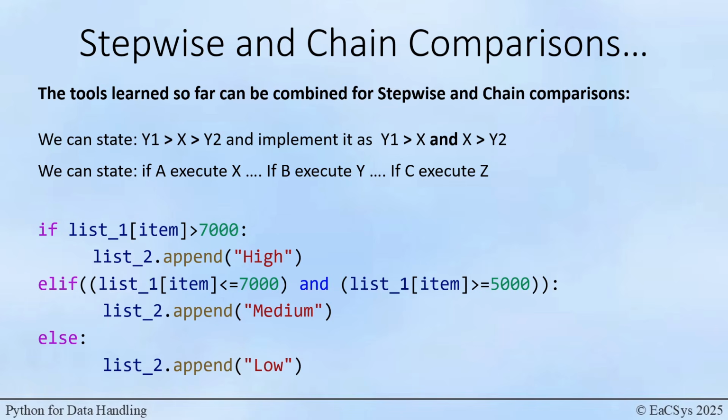And as long as the logic is mutually exclusive, the result will be similar. And if the logic is not mutually exclusive, you might either create a gap in the logic, or you might execute multiple code blocks with a stepwise example.